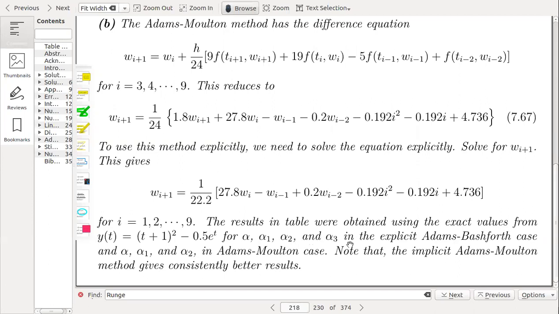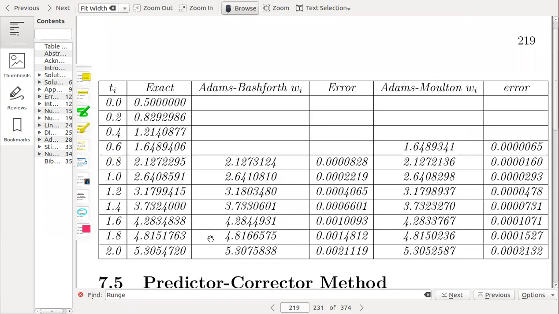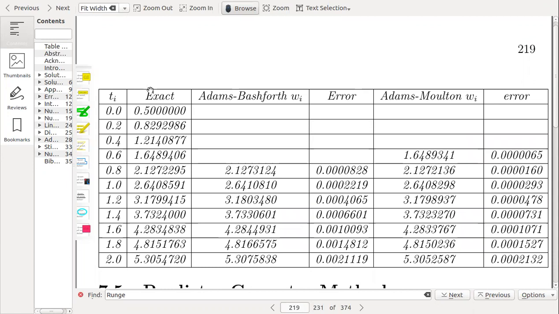So here this table is provided where we can make a comparison of different values. So here are the exact values, the Adams-Bashforth values, and then there is the error.